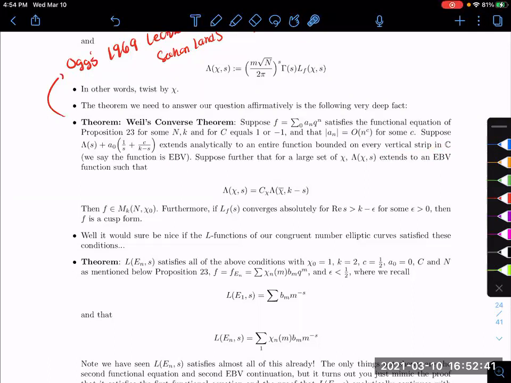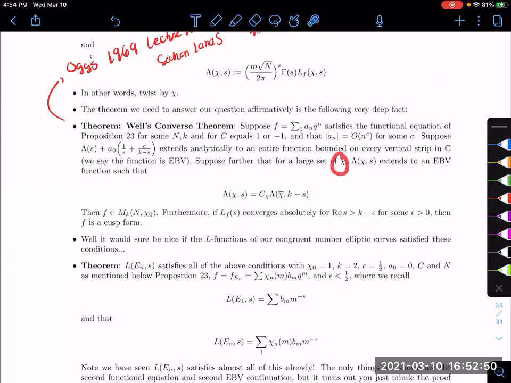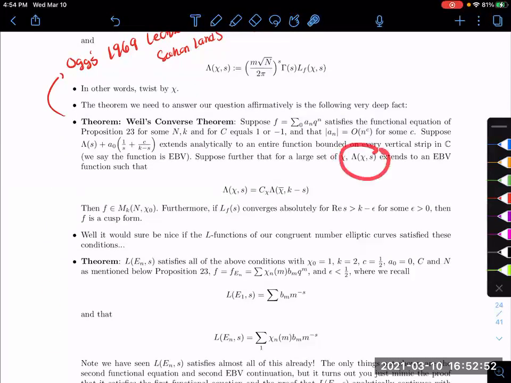That's what EBV means. We're also going to suppose further that for a large set of chi, which we've defined precisely up here, the twisted version of lambda without this extra garbage extends to an EBV function satisfying a very similar functional equation. This functional equation looks a lot like the one we had above, which was just lambda of s equals c lambda of k minus s, right?